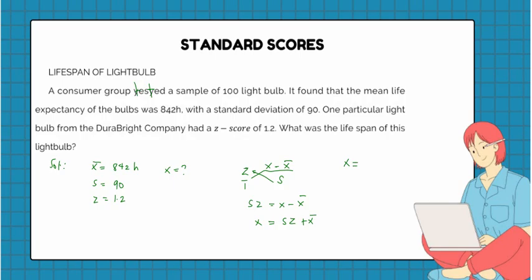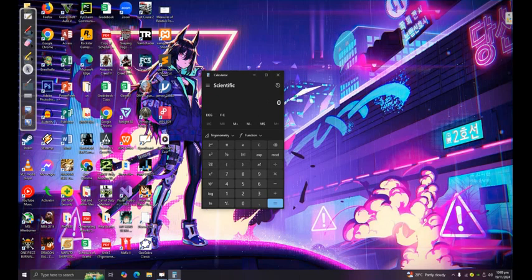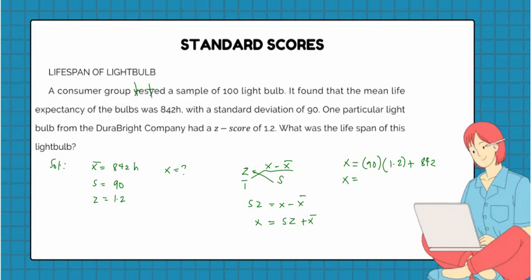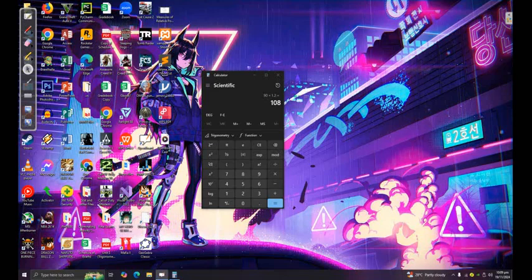So for this case, it would let you immediately find your x. So s is gonna be 90, substitute natin, times z, which is 1.2, plus yung x bar, which is 842 hours. So 90 times 1.2 is 108, plus 842.